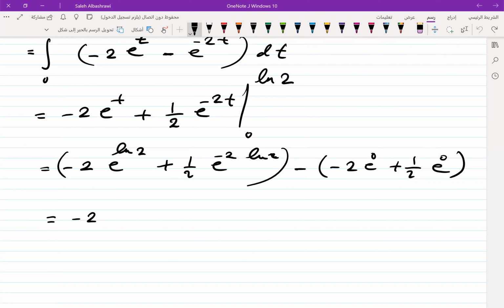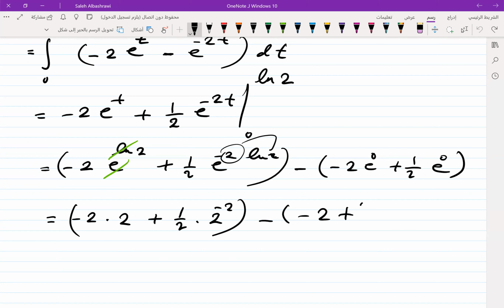By the exponential and logarithmic properties, this term will cancel. I will have minus 2 multiplied by 2 plus 1 half, multiplied by 2 to power minus 2, minus minus 2 plus 1 half.